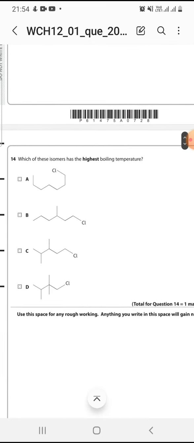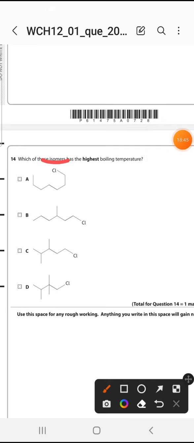Question number 14 is a very important question. Which of these isomers has the highest boiling point? You remember when you get these isomers, it's easy now. Isomers mean we need to worry about the shape and size of the molecule. For this kind of skeletal formula, we need to worry about the number of points of contact.